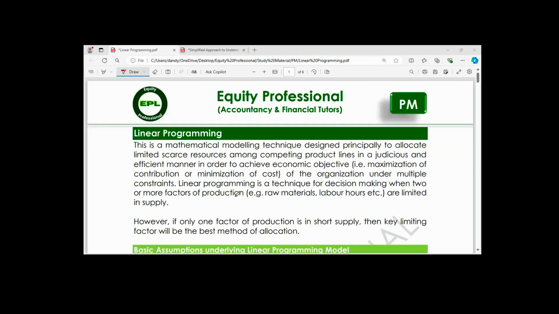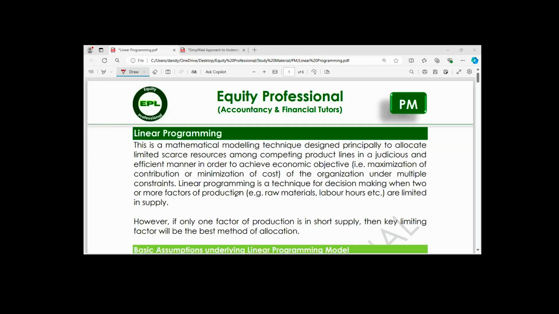The second assumption is certainty. Under certainty, we said that all the factors of production, including material kilograms, labor hours, or machine hours, must be known in advance and with certainty.